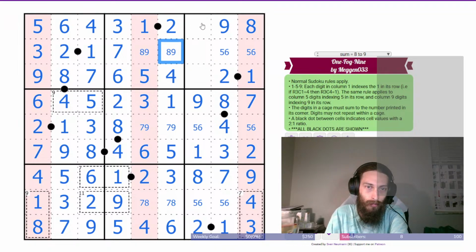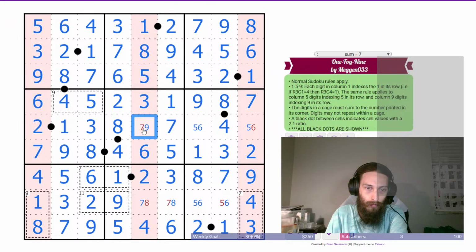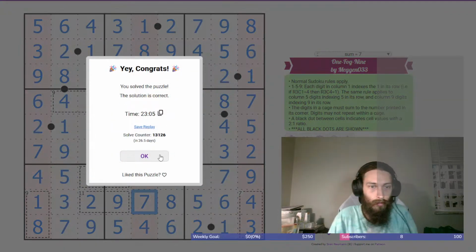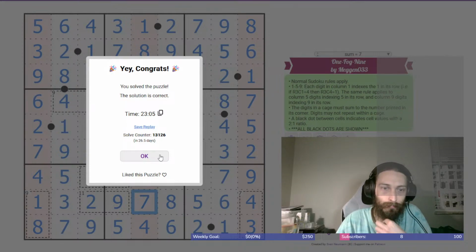Kind of has a 4. Well, row 4, 5, 2 needs a 6, 4, 7, 3. 4 can't be next to 8 in row 2. 8, 5, 6, 7, 9, 5, 6, 6, 5, 8, 7. That was a good puzzle.